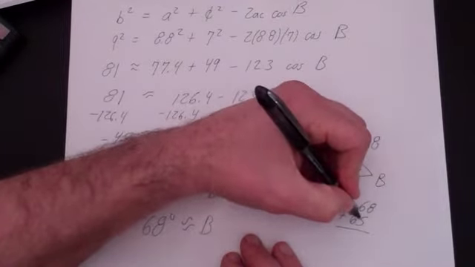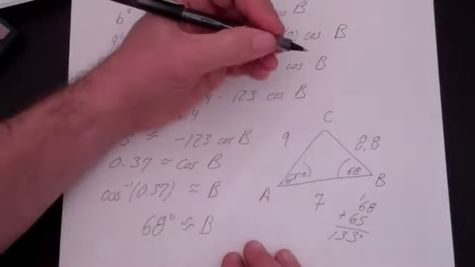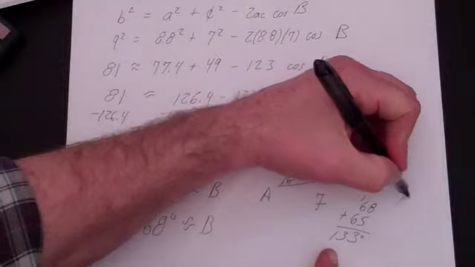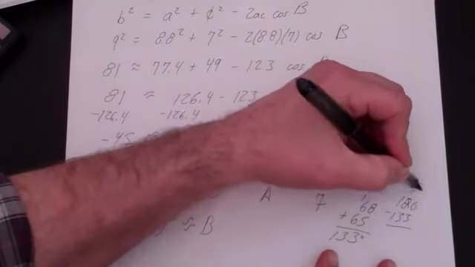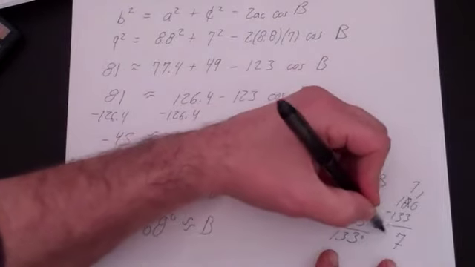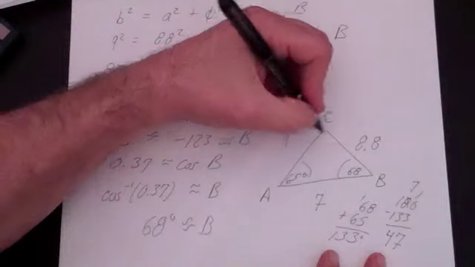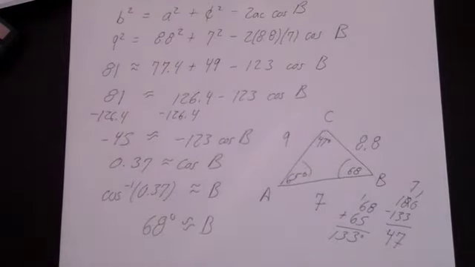That's 133. Now, if these three angles together add up to 180 and this is 133, then you just subtract. 180 minus 133 is 47. So the last angle is 47. Now you're done. You've solved for everything on the triangle. And that's how you do law of cosines when it's an SAS triangle.